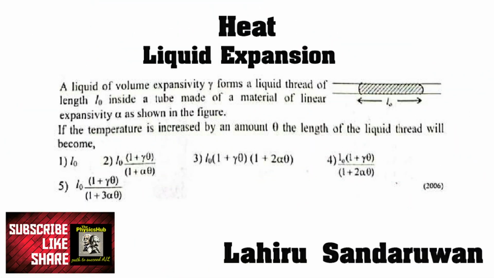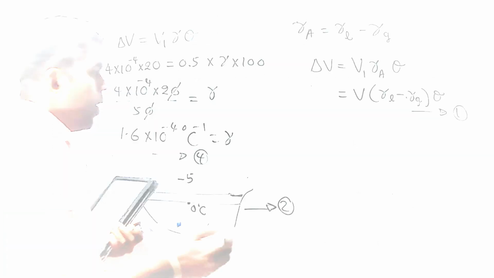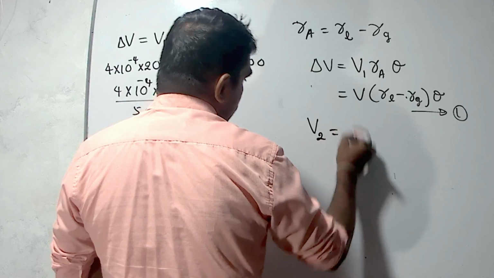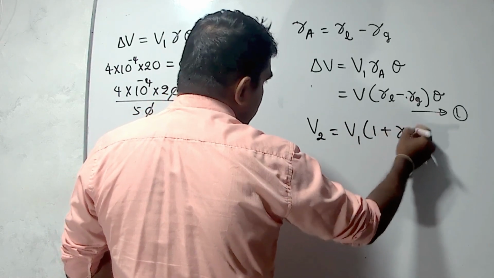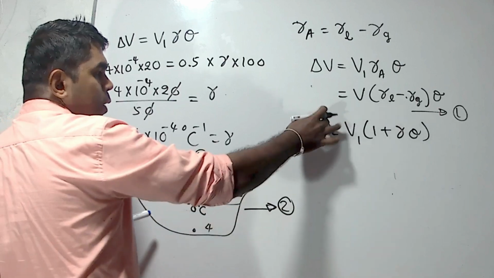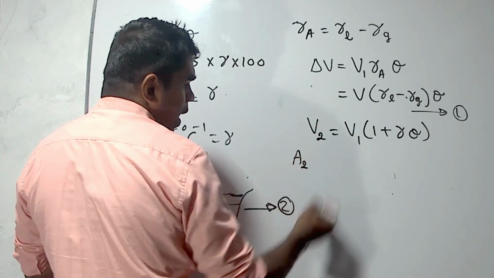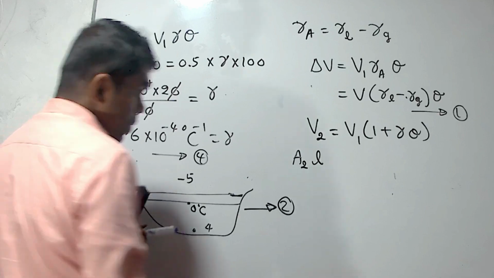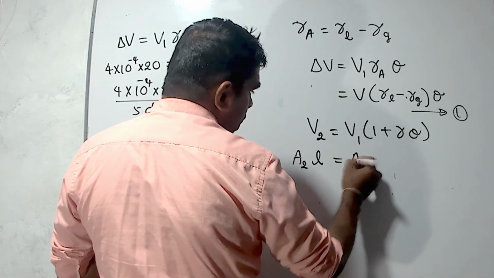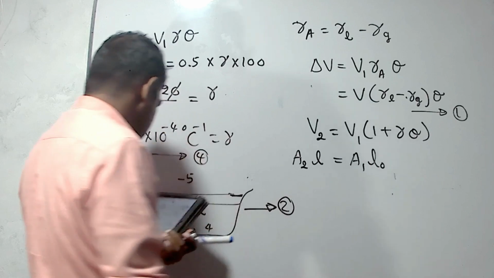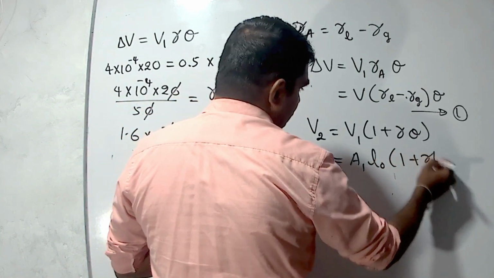A liquid of volume expansivity gamma forms a liquid thread of length L0 inside a tube made of material with linear expansivity alpha, as shown in the figure. Temperature is increased by an amount theta. The length of the liquid thread will become? We know that final volume equals initial volume into 1 plus gamma theta. We can substitute final cross-sectional area into length: final volume equals initial volume, initial cross-sectional area, initial length L0, into 1 plus gamma theta.